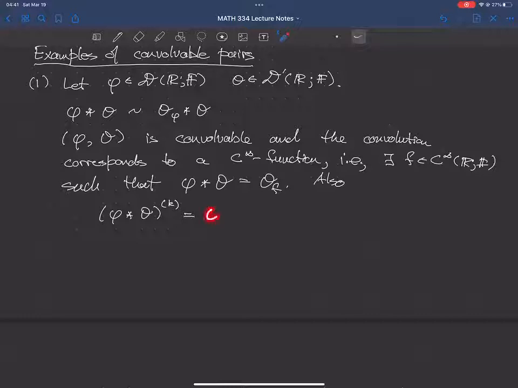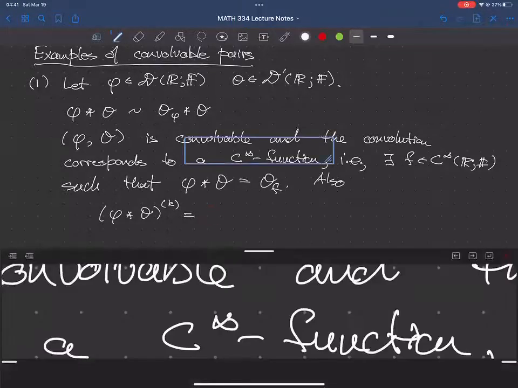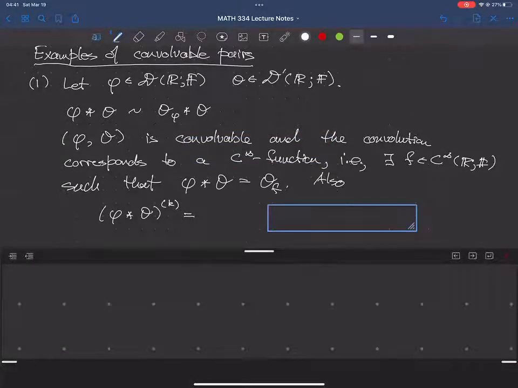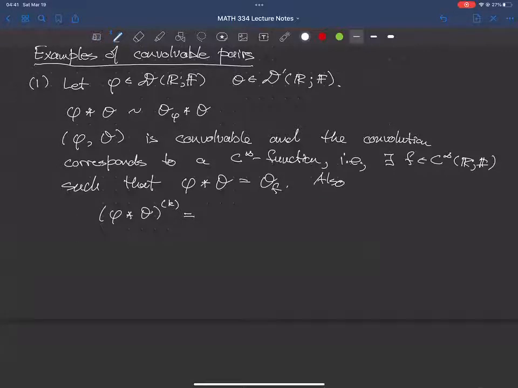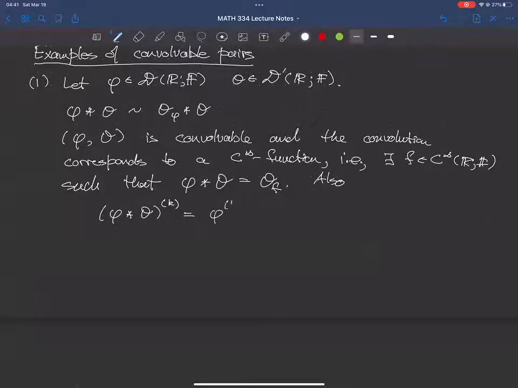So it can be phi k star theta, and it's also phi star theta k. And so this always makes sense.